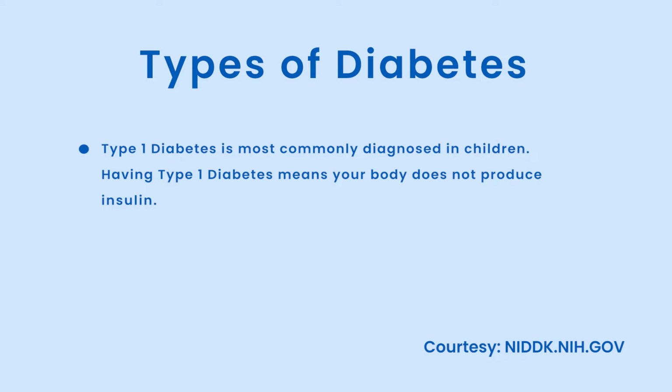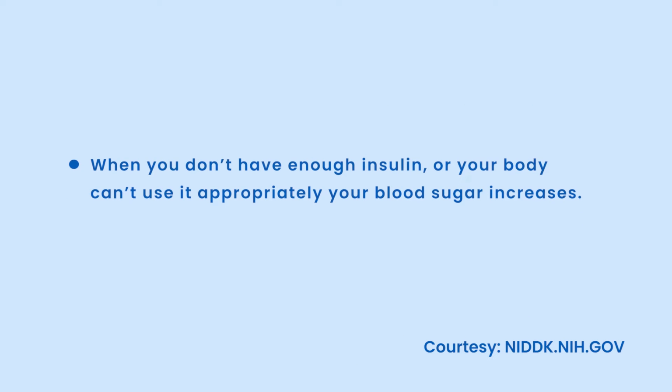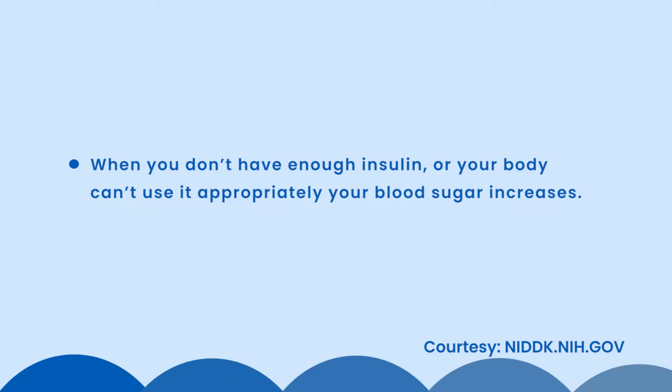This means that your body does not produce insulin, and insulin is what our bodies need to break down blood glucose. When you don't have enough insulin or your body can't use it appropriately, your blood sugar increases. So in type 1 diabetes, these individuals do not make insulin. So they are what we title insulin dependent diabetics. That means they have to have insulin medication to control their blood sugar.